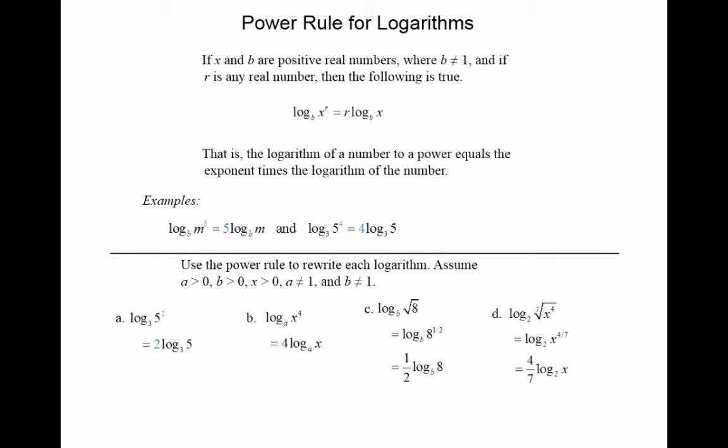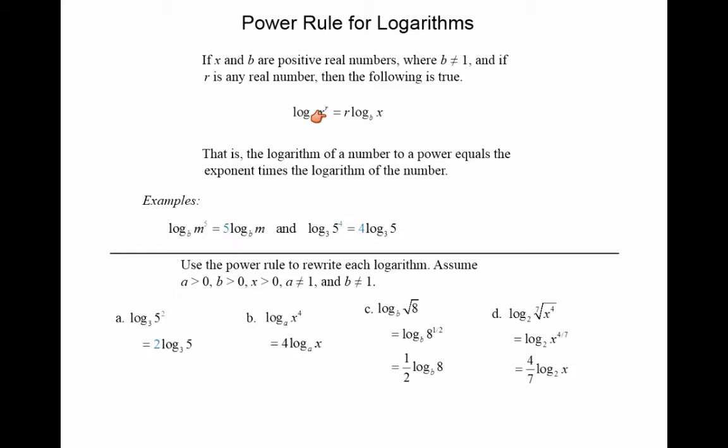Power rule of logarithm. If x and b are positive real numbers, where b is not equal to 1, and if r is any real number, the following is true. Log of x to the power of r is the same as r times log of x. That is, the logarithm of a number to a power equals the exponent times the logarithm of the number.